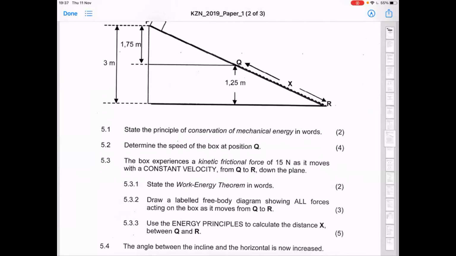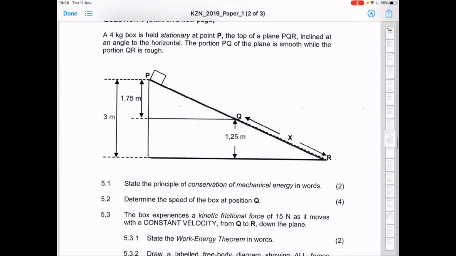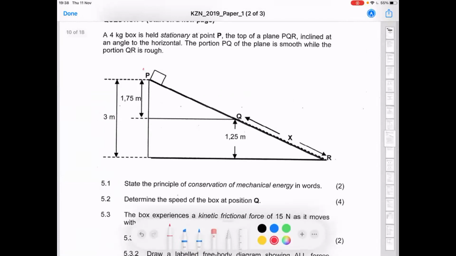State the principle of conservation of mechanical energy in words. So same thing, the total mechanical energy in a closed system remains constant, always conserved. Okay, so determine the speed of the box at position Q. Okay, so they told us at the top here at P, it is held stationary.